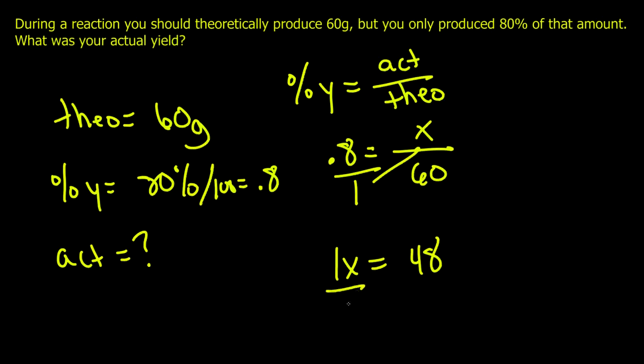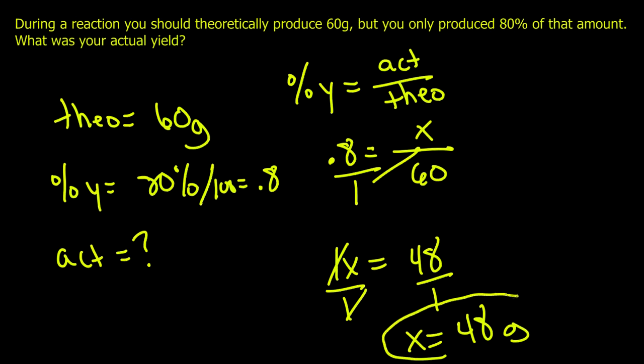I divide by the value with x. 1's cancel out. X equals 48. 48 what? Actual yield is measured in grams. So in this lab setting, we actually produced 48 grams when we should have produced 60.